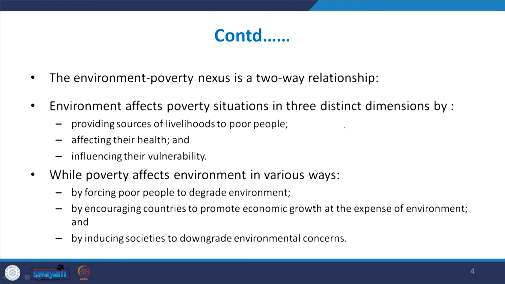So, these are the three dimensions of the poverty which are affected by the environment. For instance, if environment is degraded, if pollution occurs, then certainly the sources of livelihood of the poor people will be badly affected.